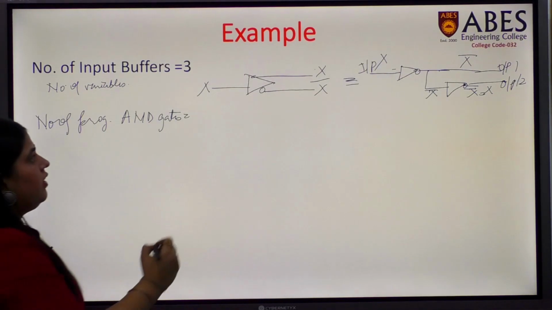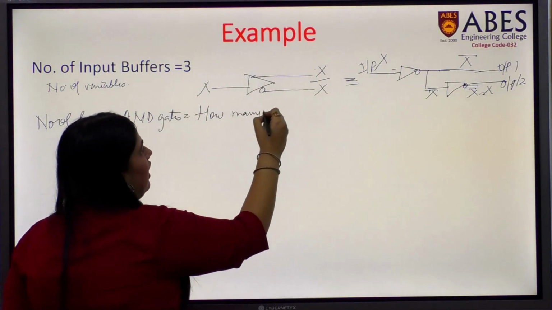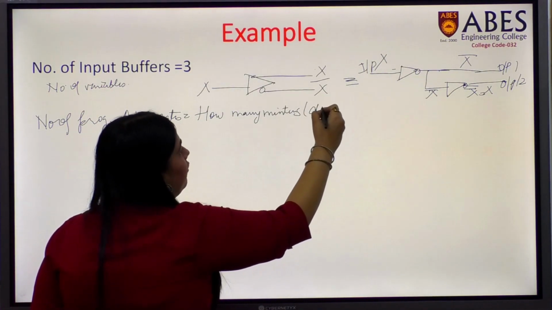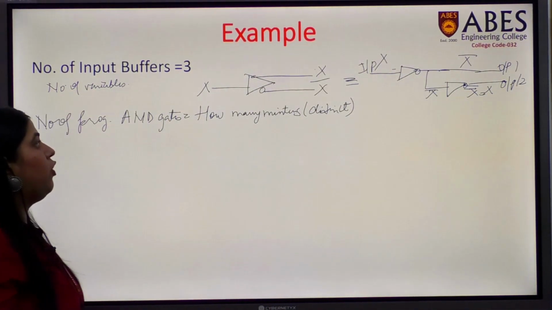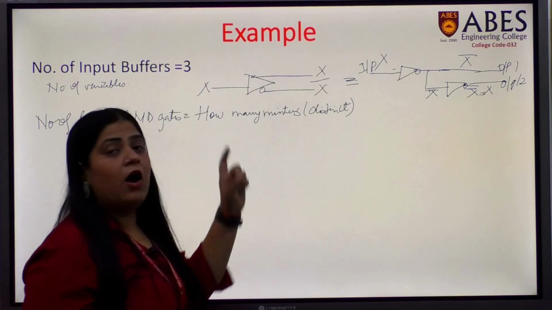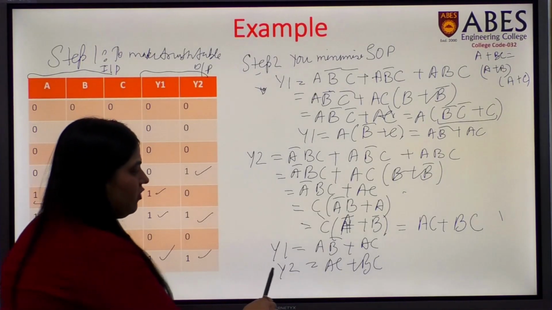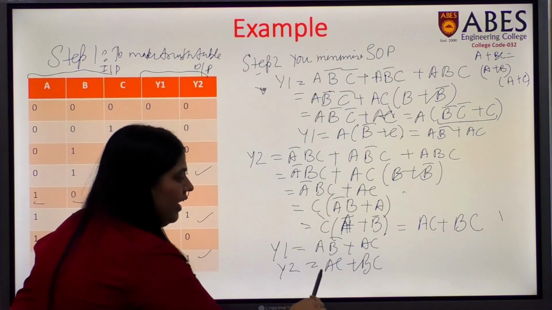You have to see how many minterms there are. And please remember, minterms should be distinct. They should not be repeated. You have to see in your output expression how many minterms there are. So this is our final expression: AB bar plus AC, AC plus BC.